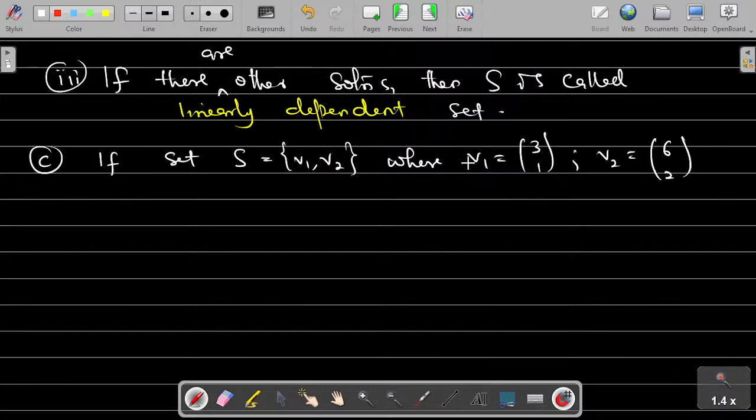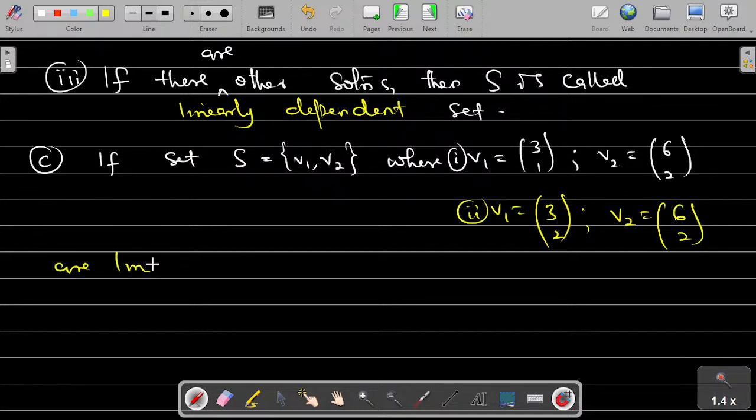That's the first part, I. And then for the second, V1 is equal to (3, 2) and V2 is equal to (6, 2). So they are saying we should determine whether they are linearly independent or not.